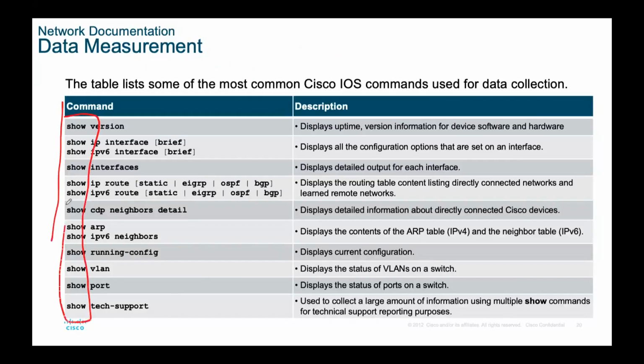When using Packet Tracer, you can also type sh. So this is the way we collect all the data. You can have a look at each of them. Show version, for example, displays uptime, version information for device software and hardware, and the rest of this.